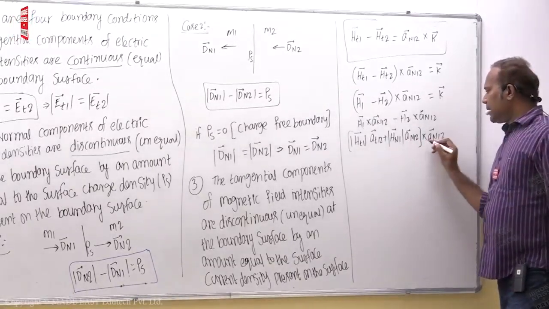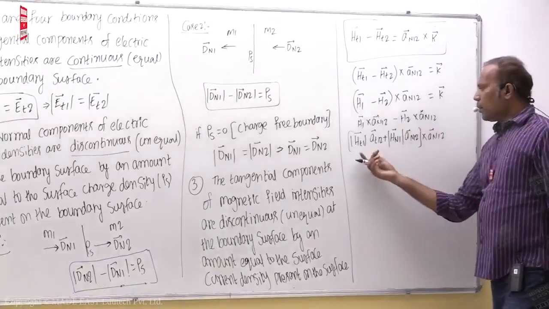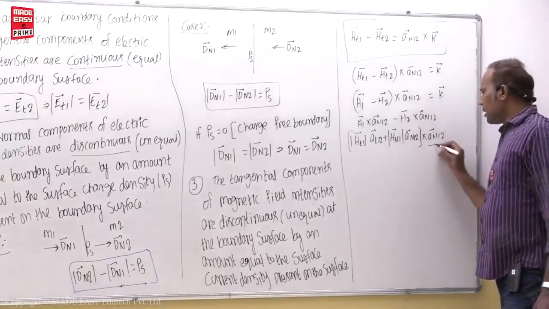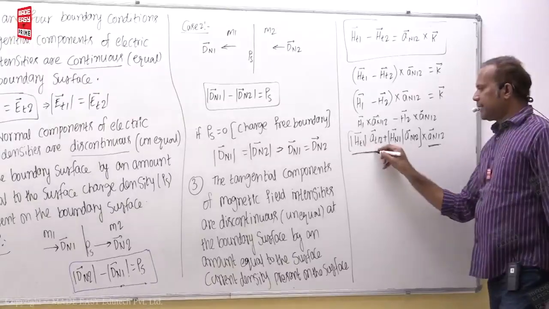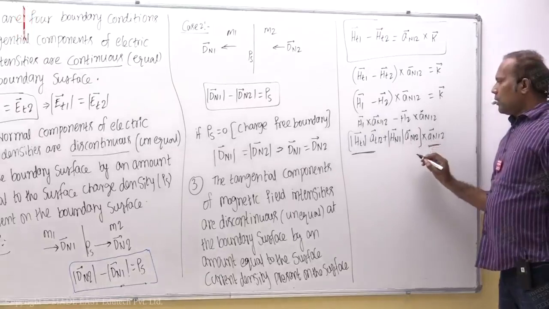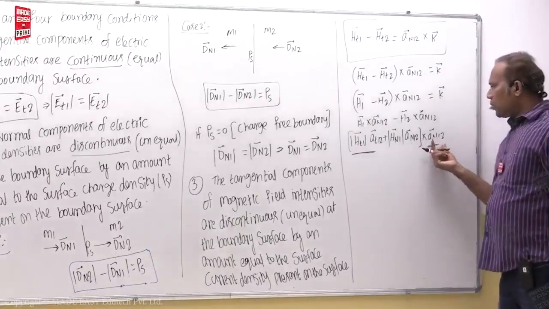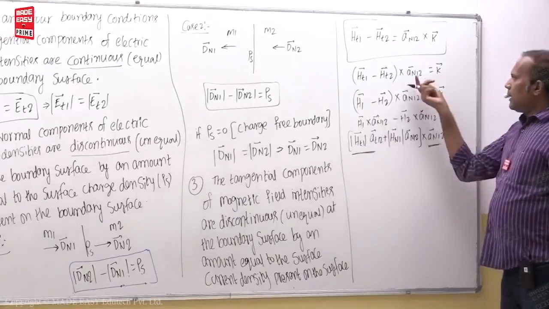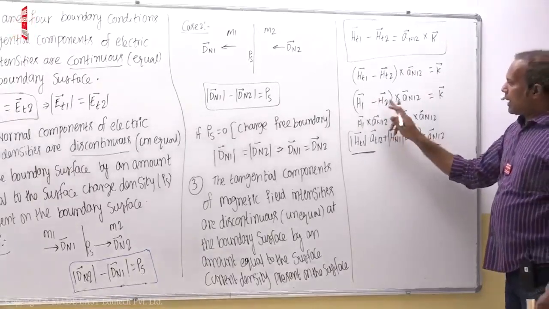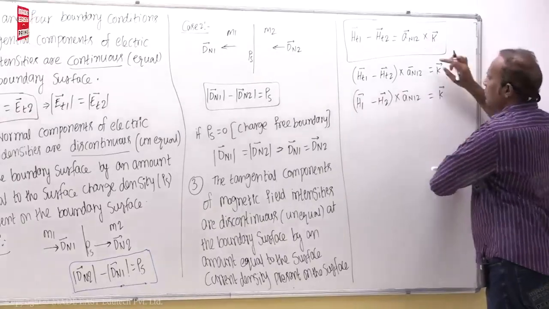For example, this is ay, this is ay, ay cross ay becomes 0. So this term is gone. Only Ht1 of at1 cross an12 remains. That's what I want to tell students. If an cross an becomes 0, then only an12 cross the tangential component remains. That is why in the books they write like this also. Doesn't matter.